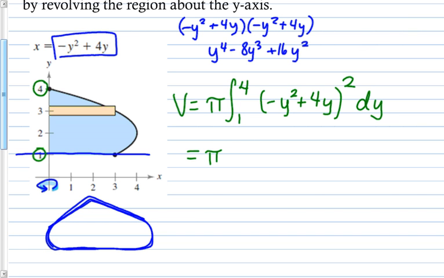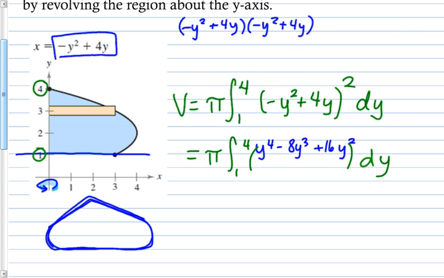Okay, we don't try to use substitution, or anything like that. Just FOIL it out. It's really not that difficult. So my integral from 1 to 4 dy, and this is what we're using. Almost perfect. Look at that. Okay.